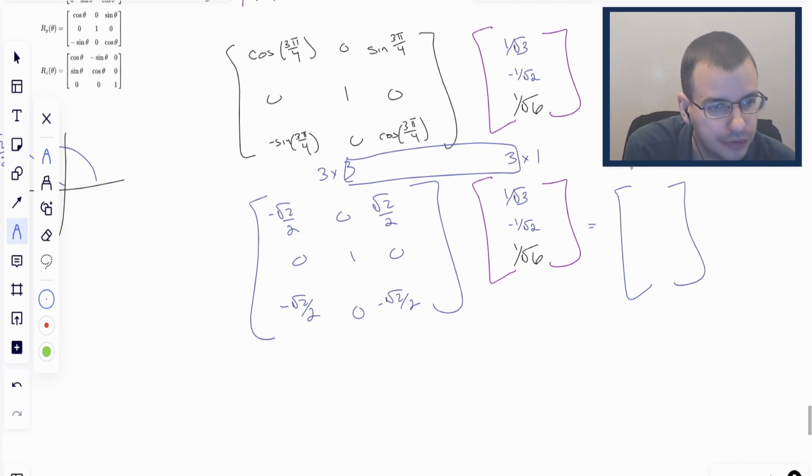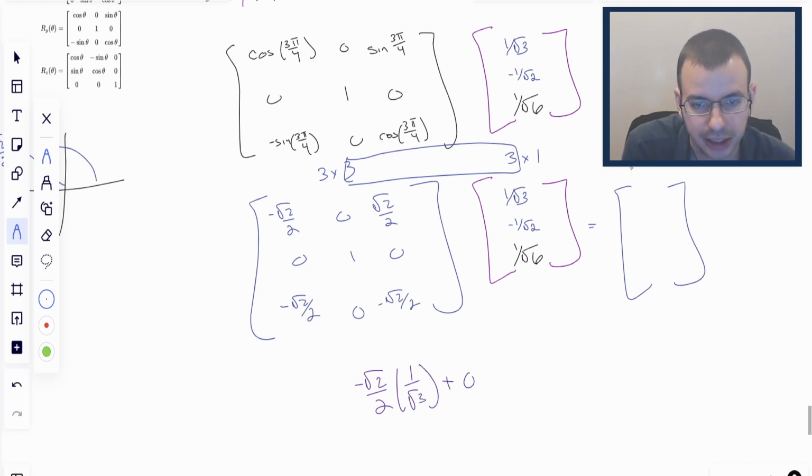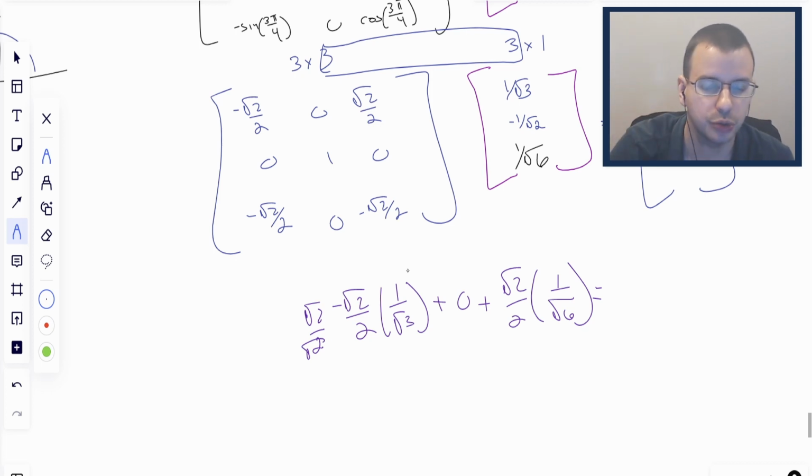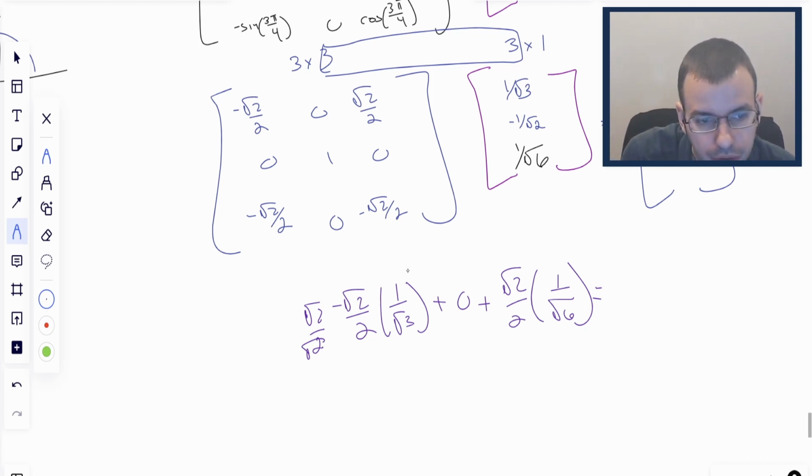So we're going to do the top row first. So we're going to have negative square root of 2 over 2 times 1 over square root of 3 plus 0 times negative 1 over square root of 2 plus square root of 2 over 2 times 1 over square root of 6. So to make this a common denominator, we'll multiply this by 1, and by 1, I mean square root of 2 over 2. So we got square root of 2, square root of 3, and 2. Yep.